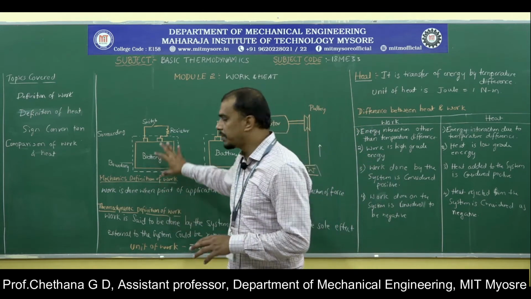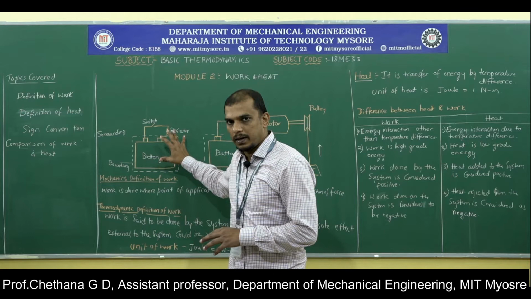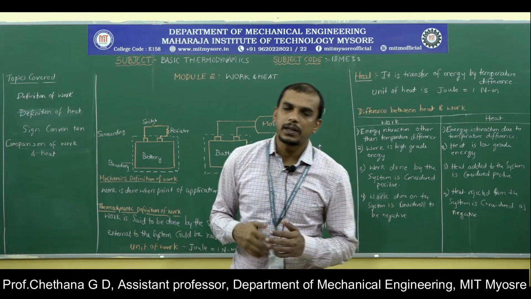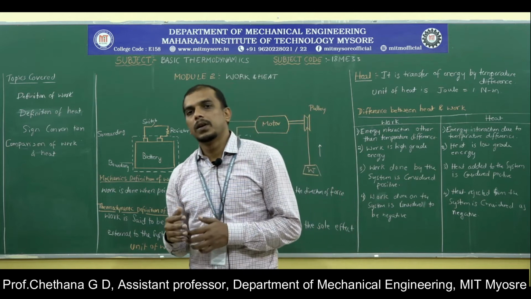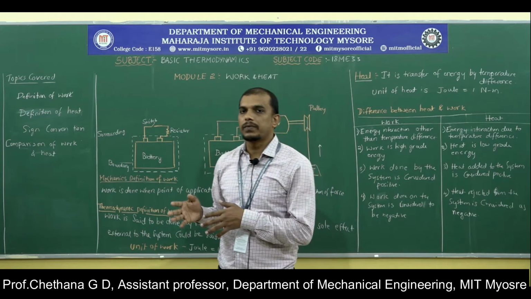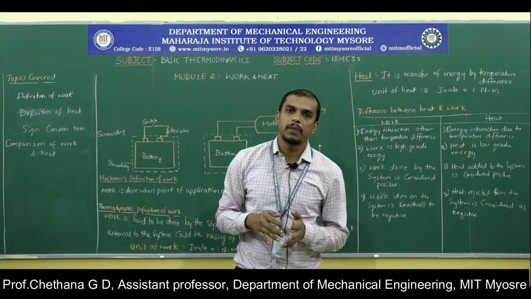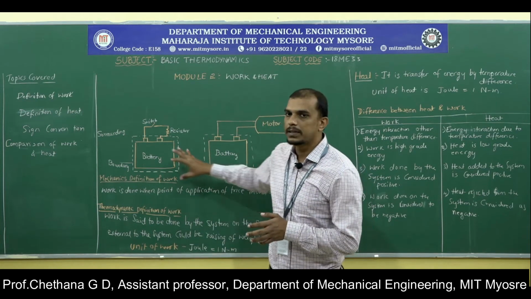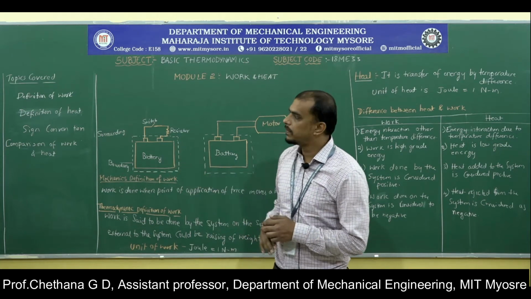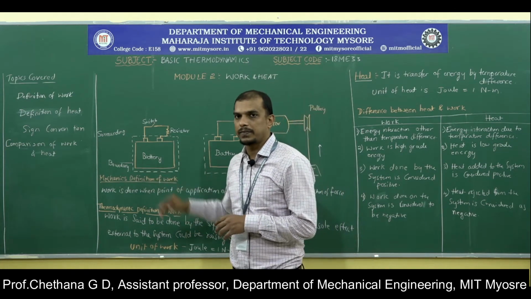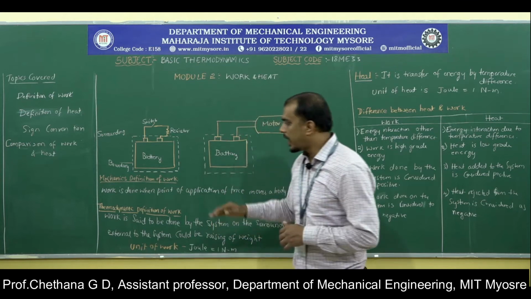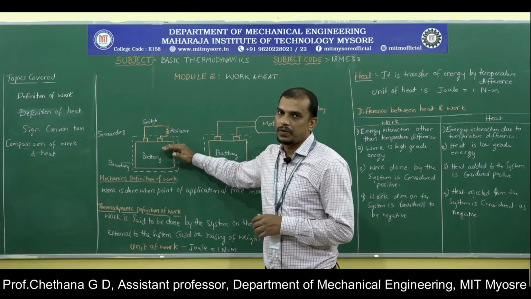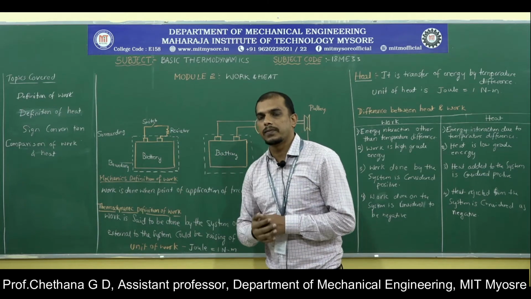So, even this system is considered to be doing work, and we call it electrical work. We have other types of work: surface tension work, electrical work, displacement work, and magnetic work. All the other types of work come under this category, whereas displacement work is nothing but the mechanics definition of work only. So that is the difference between the mechanics definition of work and the thermodynamic definition of work.